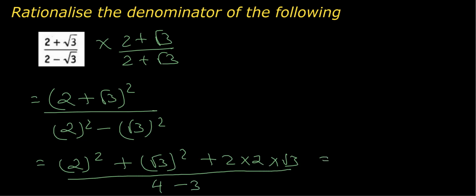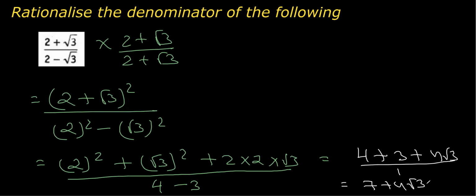So finally we'll write 2 square is 4, root 3 square is 3, and plus 2 into 2 is 4, 4 root 3. And as you can see, it is 4 minus 3, that is 1. So finally, 4 plus 3 is 7, 7 plus 4 root 3 is the final answer for this part.